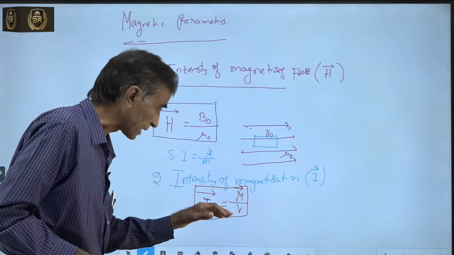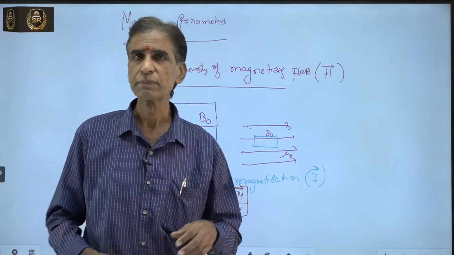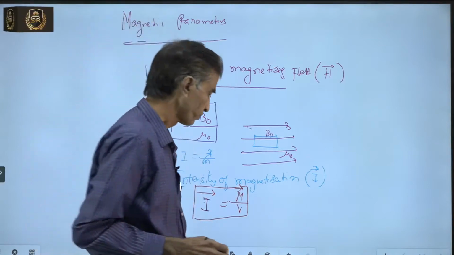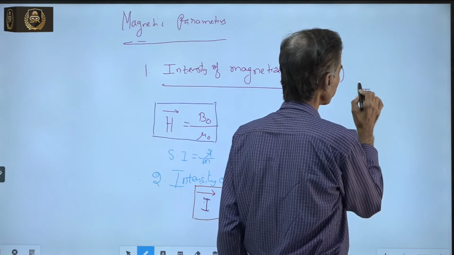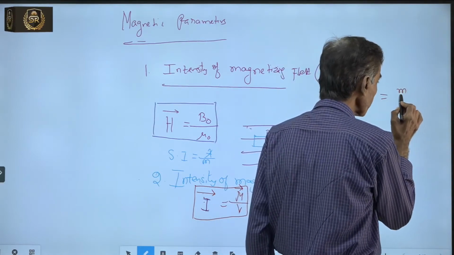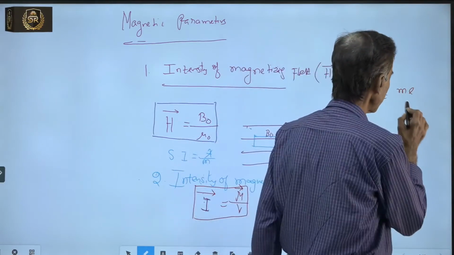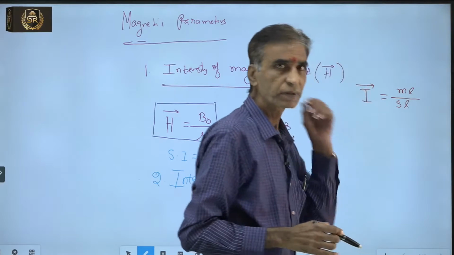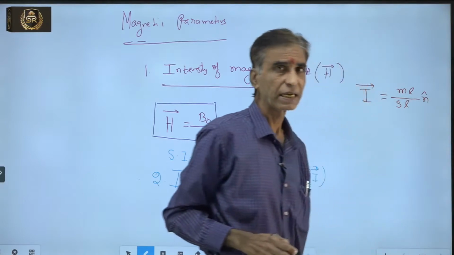But we can write another form also. We know m is pole strength into the magnetic length of the magnet. Therefore, I vector is equal to m into L, where the magnetic length of the material is L, divided by the volume, which is area into length, and the direction is denoted by unit vector n cap.